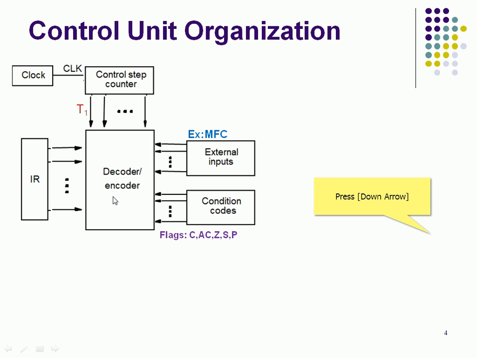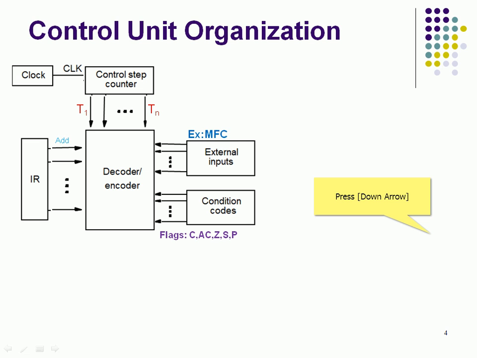Timing signal 1, timing signal 2, n number of timing signals are going to be generated, with a clock connected as the source. The IR is 8 bits, so 2 power 8 instructions are going to be decoded here, for example add, subtract, multiply, end, or reset, and so on.